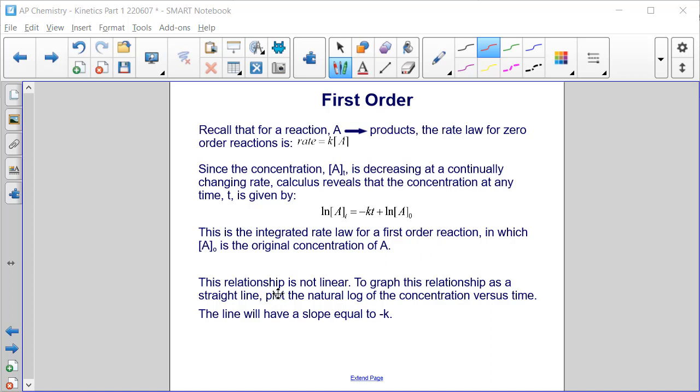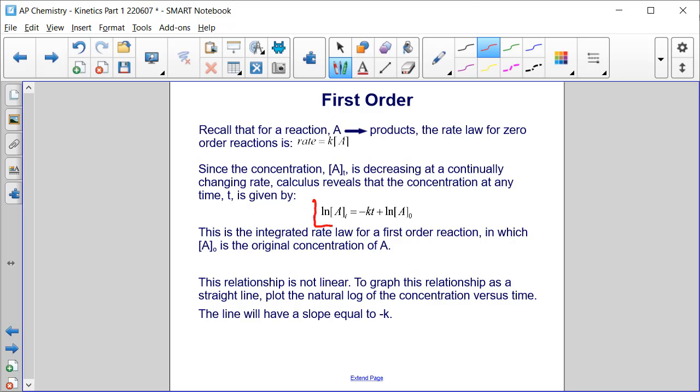This is the integrated rate law for a first order reaction in which the concentration of A0 is the original concentration of A. This relationship is not linear, because we have these natural logs, which are exponential. But I want to be able to evaluate it, and it's easy to evaluate straight lines because we can see things like the slope. So in order to get a straight line, we need to plot the natural log of the concentration versus time.